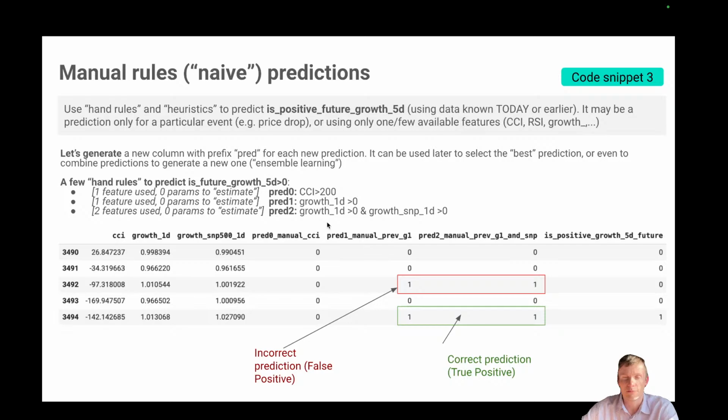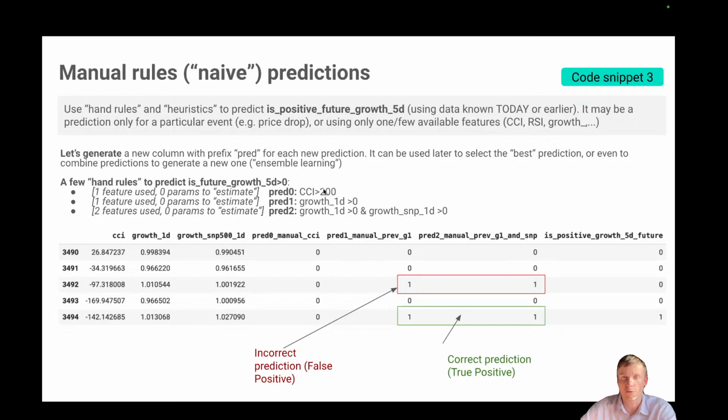Then one thing that you want to keep in mind is how many features did you use for the prediction. This is the first thing. And second thing, whether you used any parameters to estimate your best decision rule. So here we use fixed decision rules.